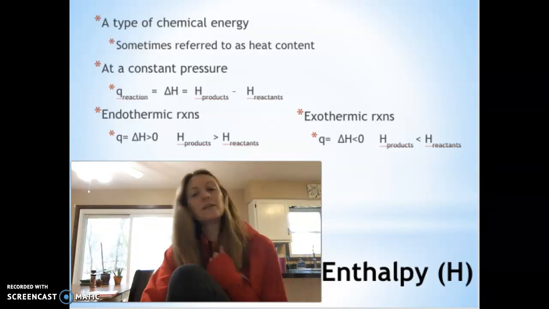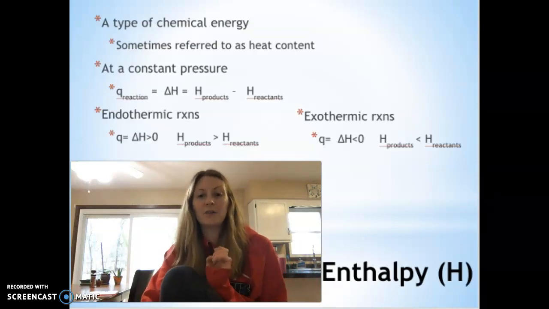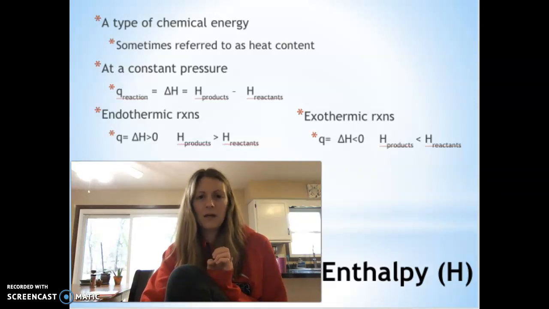All right. So now we're going to talk about this property called enthalpy, which is represented by capital H. It's a type of chemical energy, and it's sometimes referred to as the heat content. The Q for a reaction will equal the change in enthalpy, or delta H. So the H of the products minus the H of the reactants.